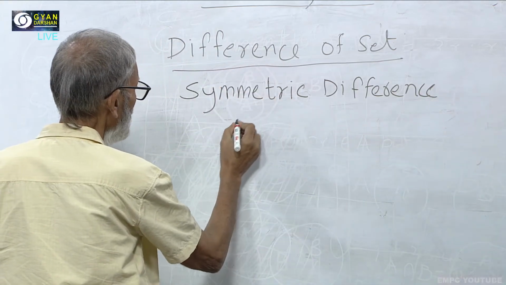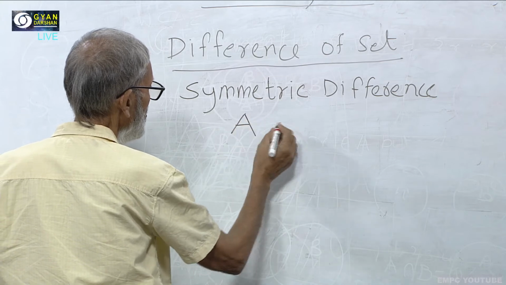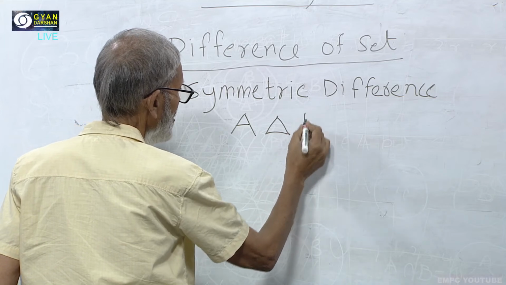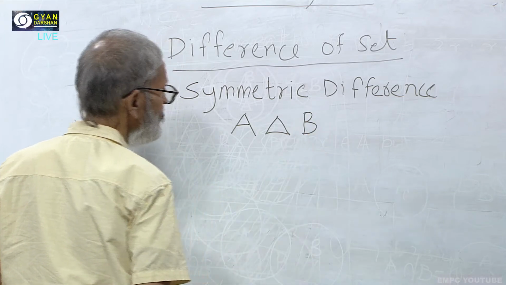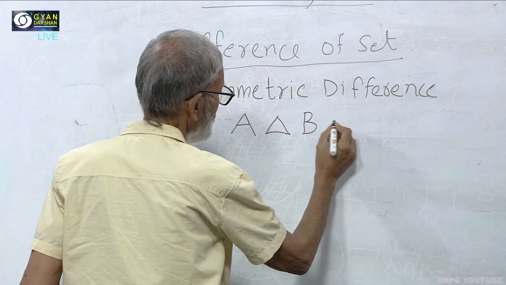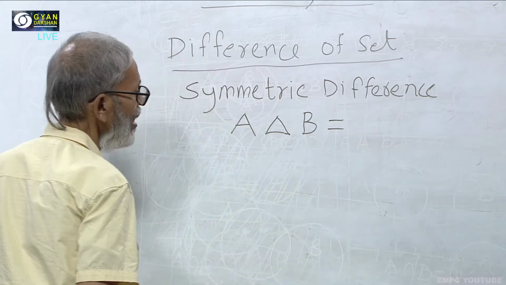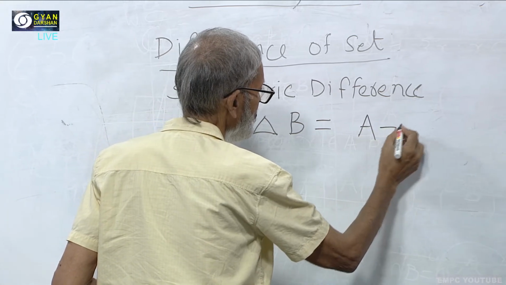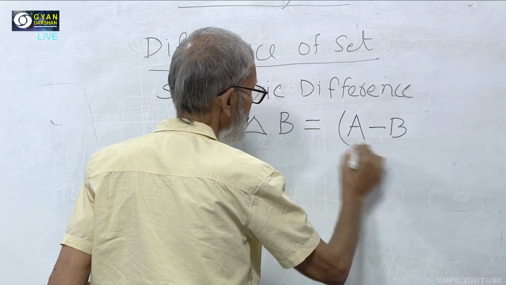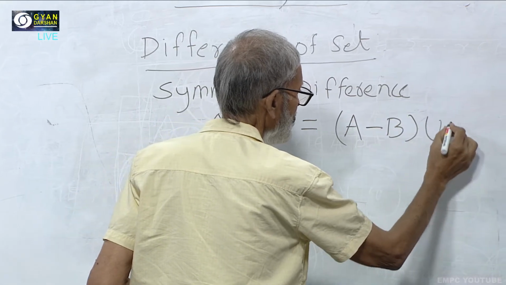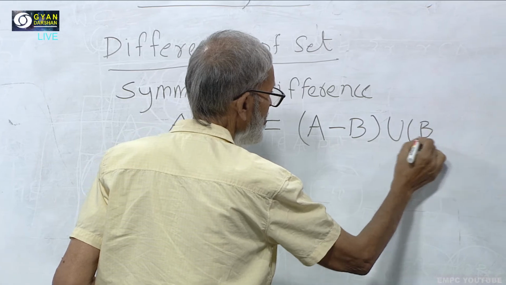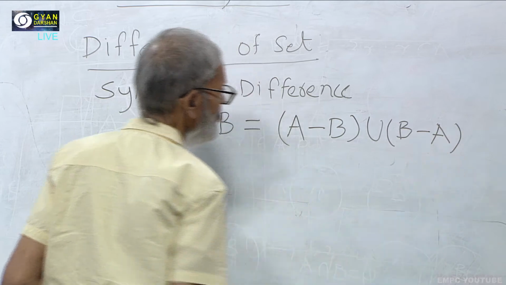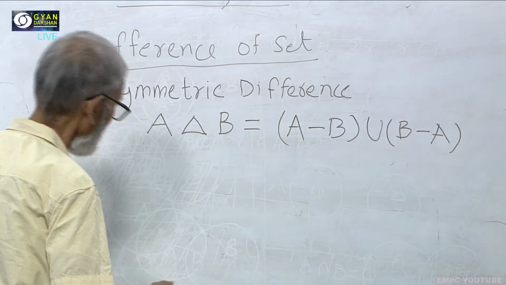Suppose A and B are two sets. We represent symmetric difference by a triangle, and this is represented by A minus B union B minus A.